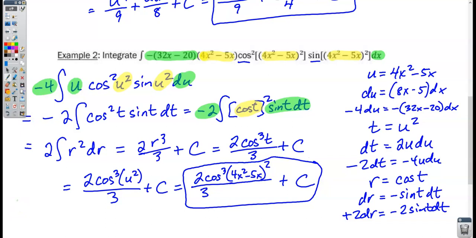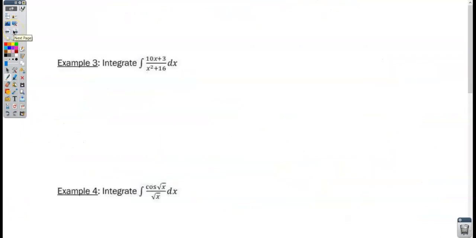Let's go ahead and move on to example 3. All right, example 3, integrate the integral of 10x plus 3 over x squared plus 16. Okay, this one, I'd like to use x squared plus 16 as a substitution, but the derivative of that is 2x dx.